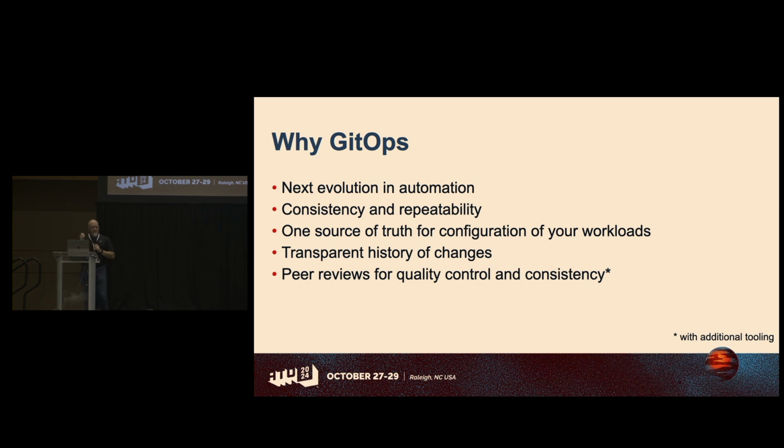Not natively if you're using Git only, but if you're using some additional toolkits that we'll talk about, hosting and whatnot, like GitHub or GitLab, you can also then start building in a peer review cycle so that not one of your infrastructure engineers can just push something without having it reviewed by potentially more senior folks or folks that are more involved in that particular area of your cluster, so to speak.